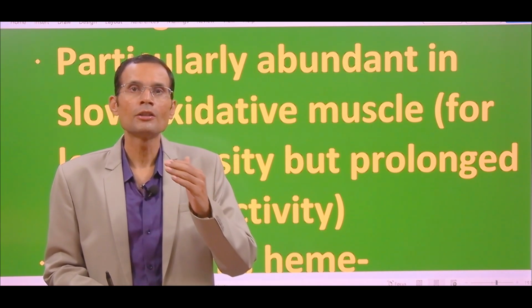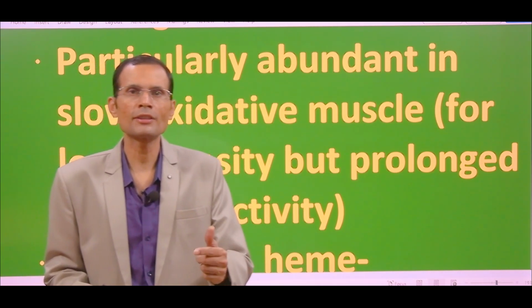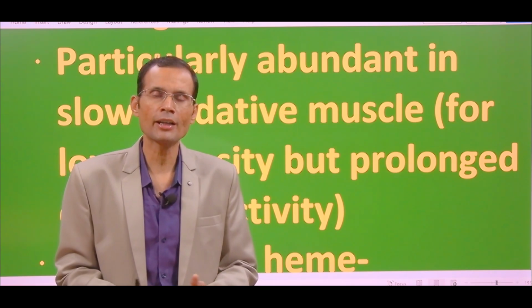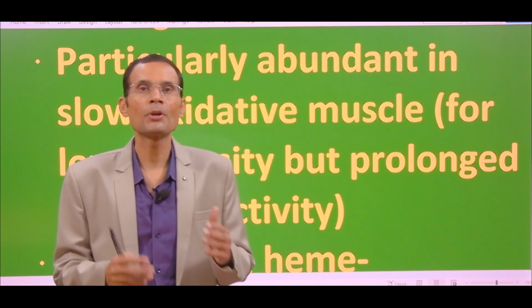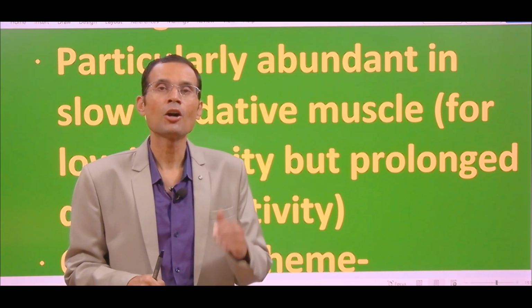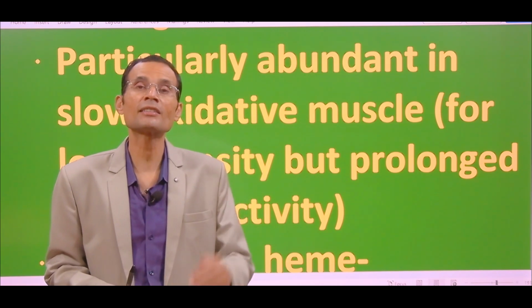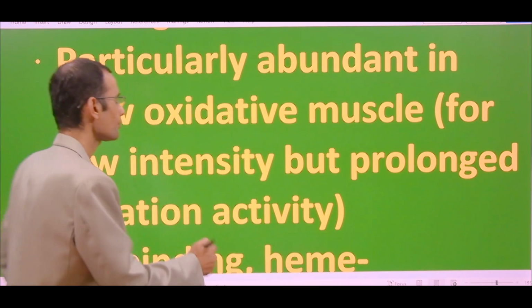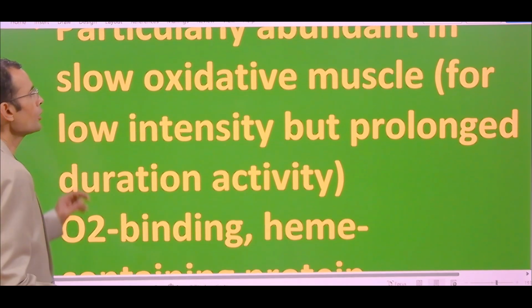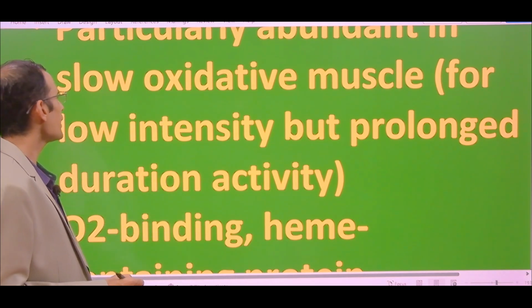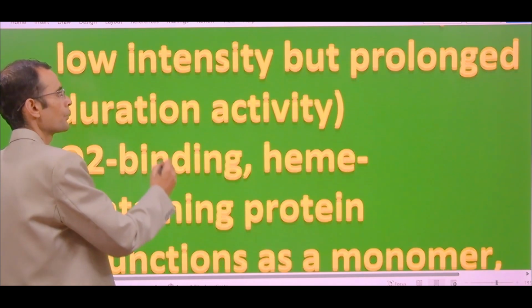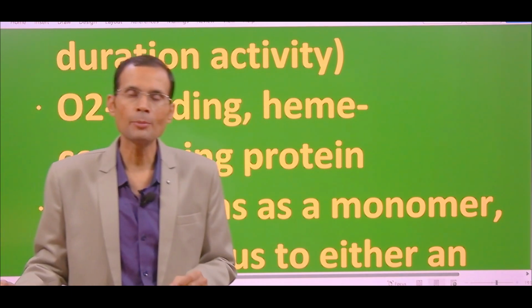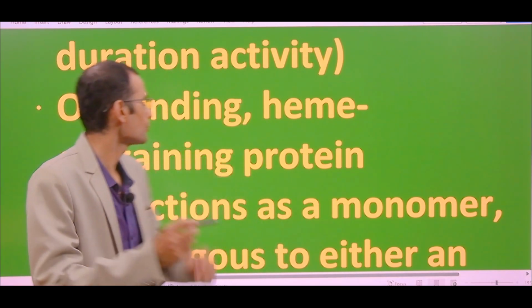They are called slow because they are not causing very rapid contractions, and oxidative because they generate ATPs by oxidative phosphorylation, that is inside the mitochondria. So for prolonged low intensity activity, these types of muscle fibers are used.